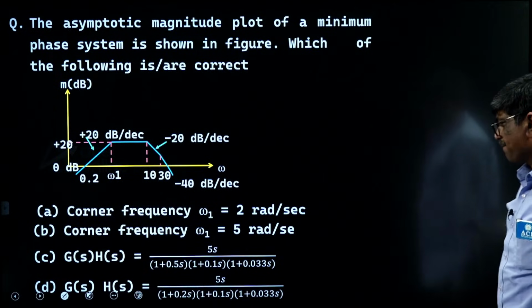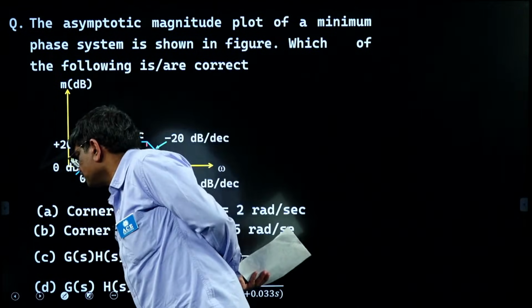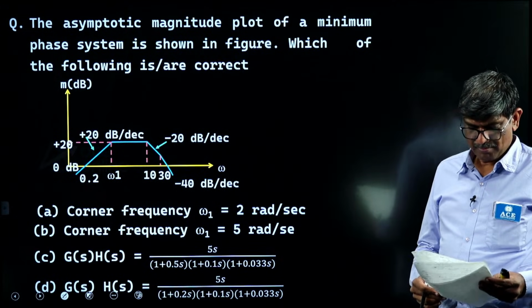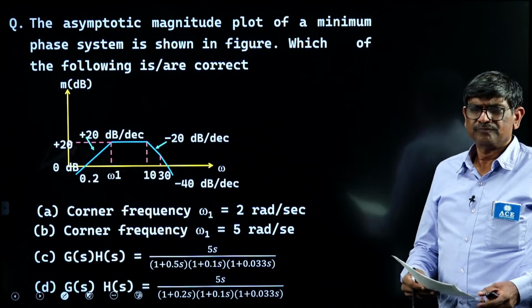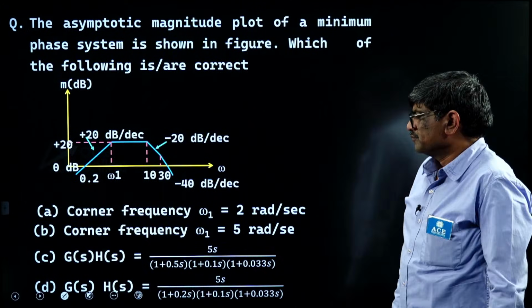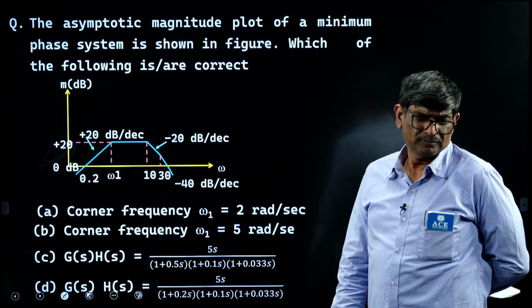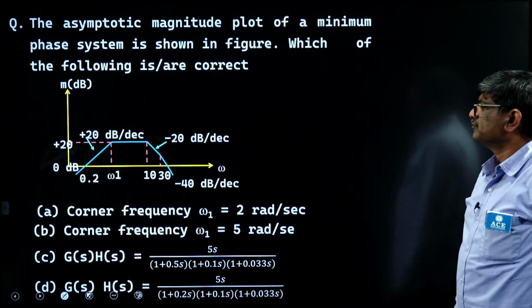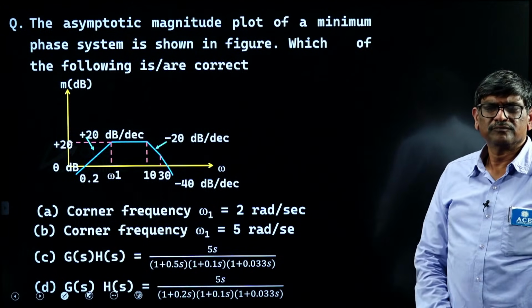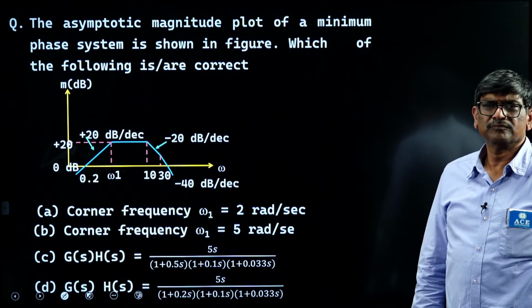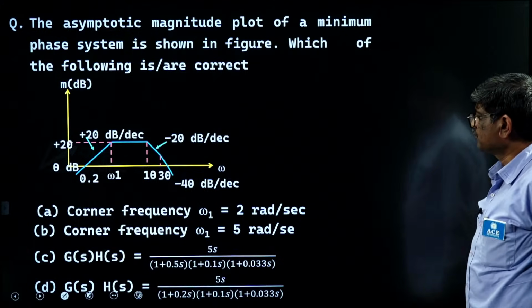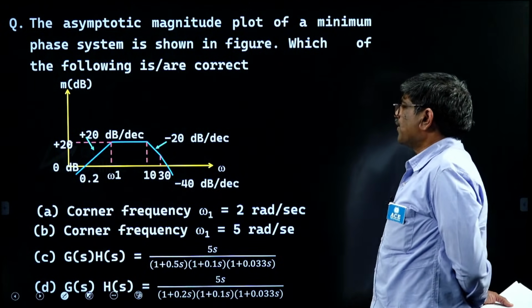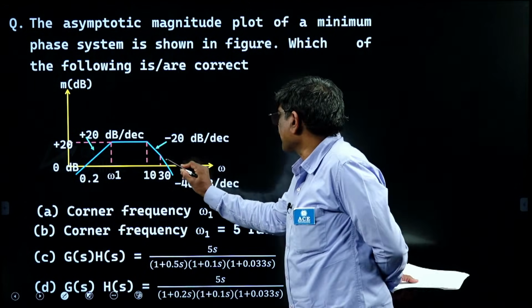Come and tell. So what happened here? This is minus 40 here.